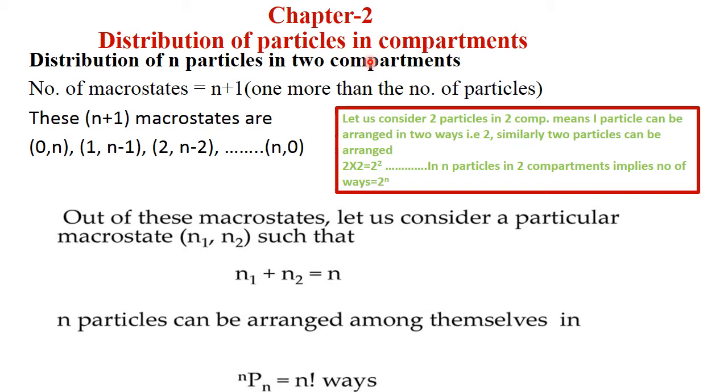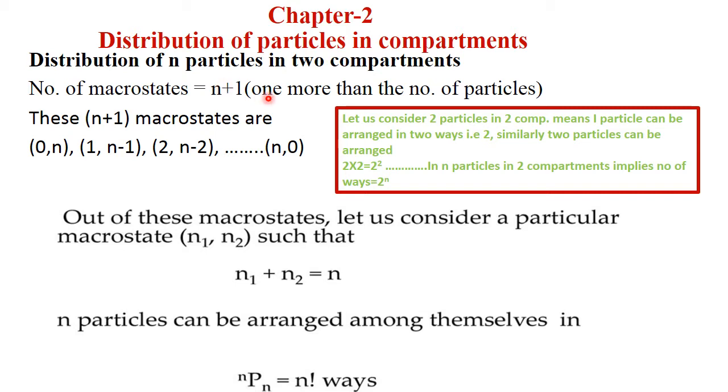Before taking up these distributions, we must know the number of macrostates and the number of microstates in the system. So how do we calculate the number of macrostates of the system? It is always equal to n plus 1, where n stands for the number of particles.